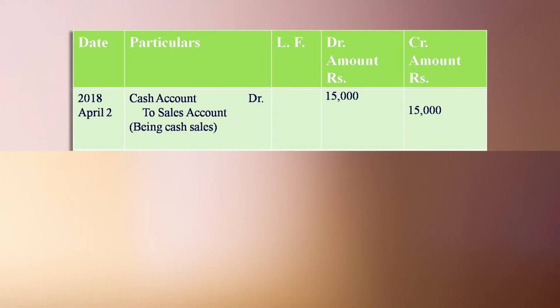So here if you see the first journal entry in the book of original entry, cash account debit to sales 15,000. So here cash is coming to the business and as per the rationale of the real accounts, debit what comes in and credit what goes out. So here cash is coming in, therefore cash has been debited.